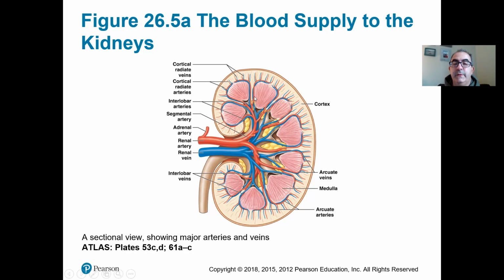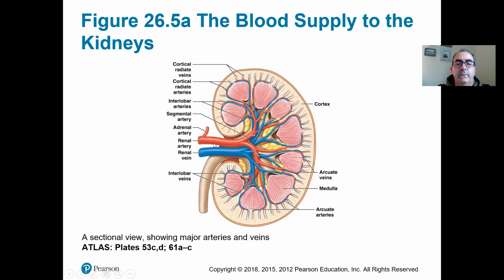Interlobar because they go in between each of the lobes. And then the interlobar arteries branch into arcuate arteries, which then branch into cortical radiate arteries.